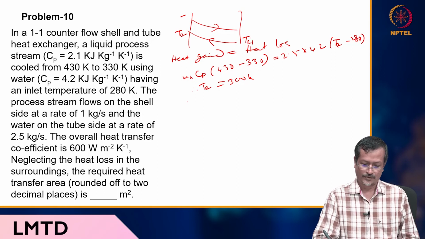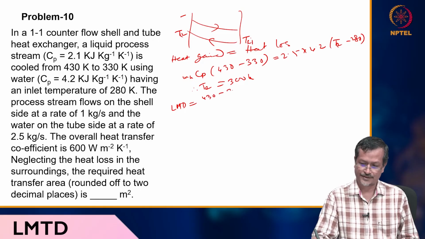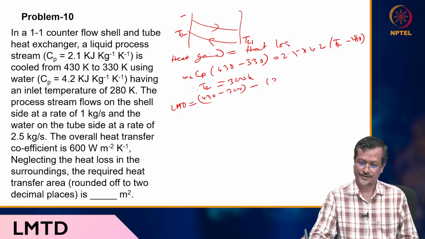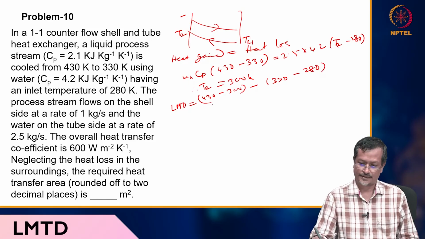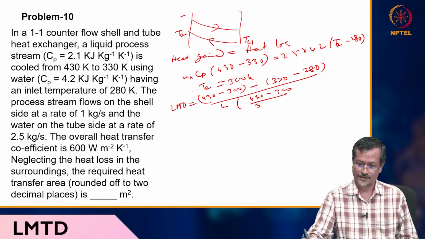Okay, now LMTD equals (430 minus 300) minus (330 minus 280) by logarithm of (430 minus 300) by (330 minus 280).